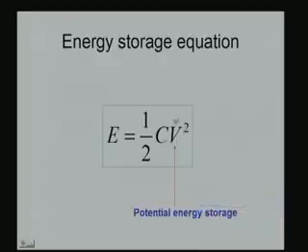So, we say that as the capacitor has the voltage variable here in the energy equation, and its state variable, or the history that it can remember, is the voltage, which is the potential, and therefore, it is called the potential energy storage component.